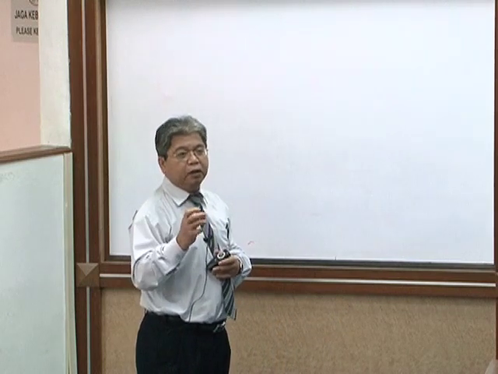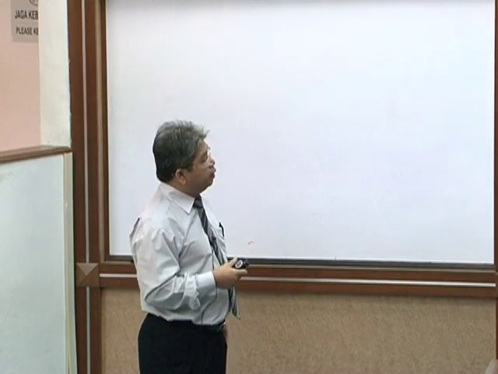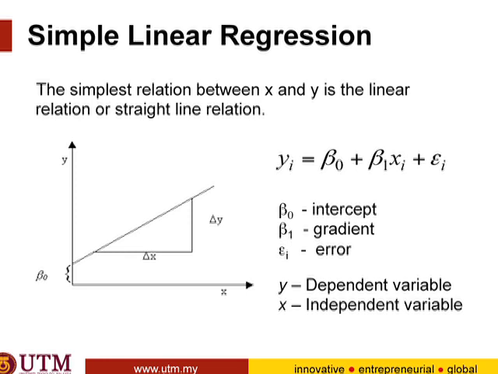So this is the term that they use in statistics to generalize the equation developed from the experimental data. The equation is yi equal to beta 0 plus beta 1 xi plus some error. And mind you, this is the true equation relating x and y.